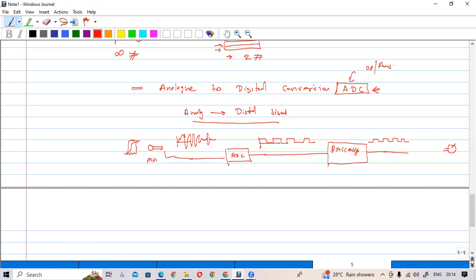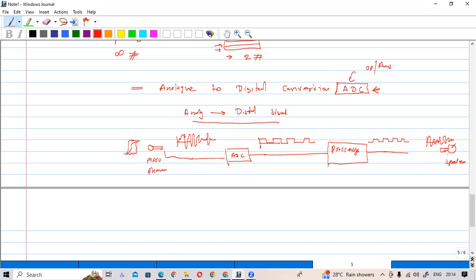This is a microphone, and this is a speaker. You know that sound is analog, so we have to feed an analog signal to a speaker, otherwise the speaker will not create the sound. If you send this signal to this one, it may only give a beep sound. It will not give a voice.